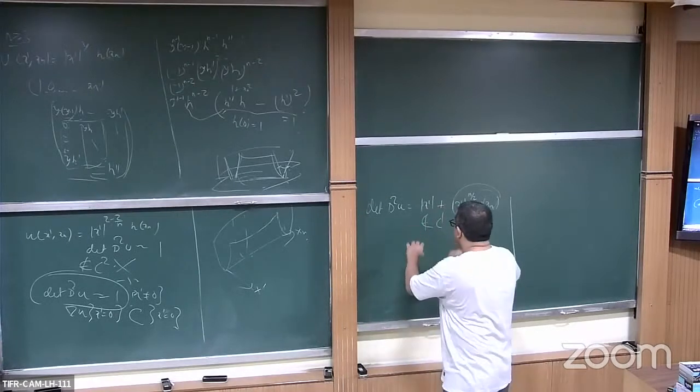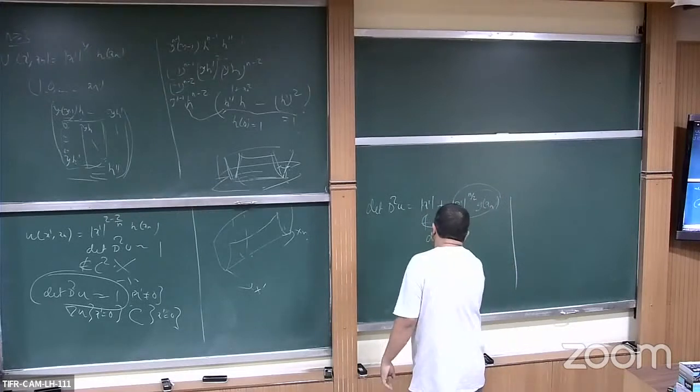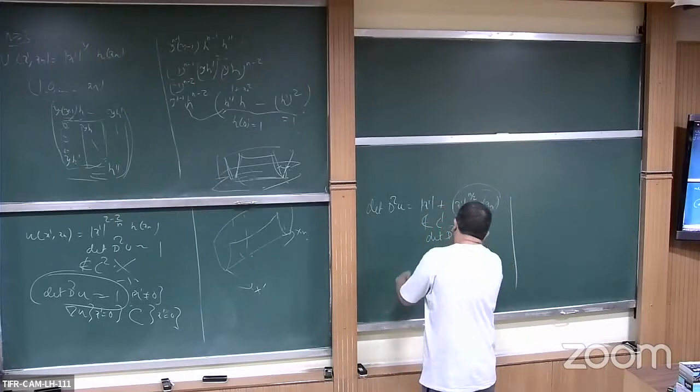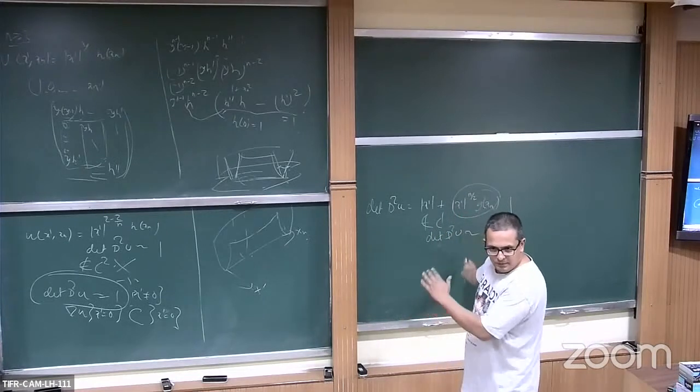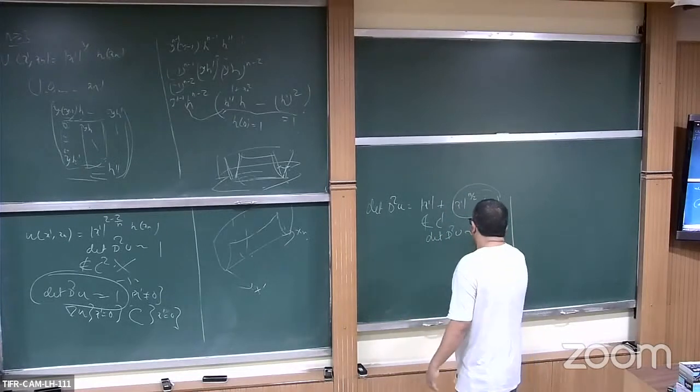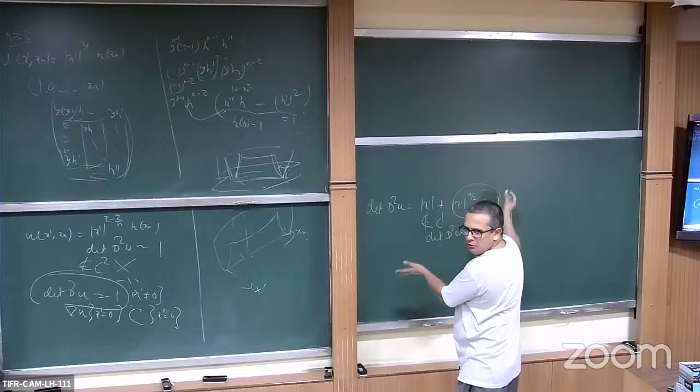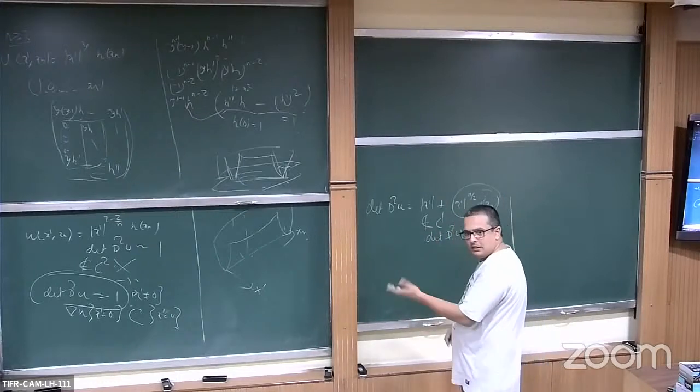And what kind of examples are these? For the example that you have, you can show that the determinant of D squared u is bounded from above and below by 1. So it is not smooth, but for smooth you have to do more work. And now for this, how does the graph look?